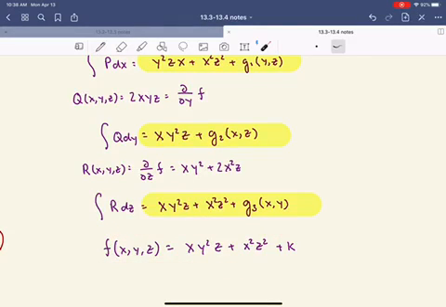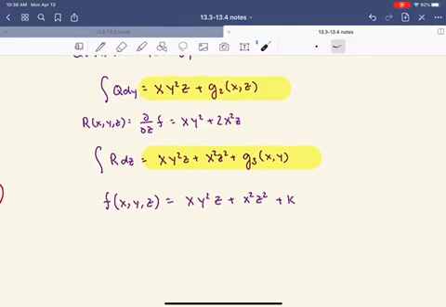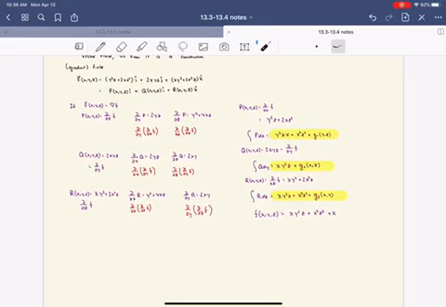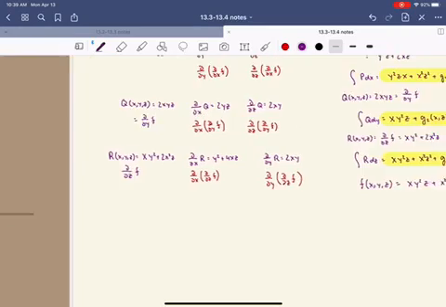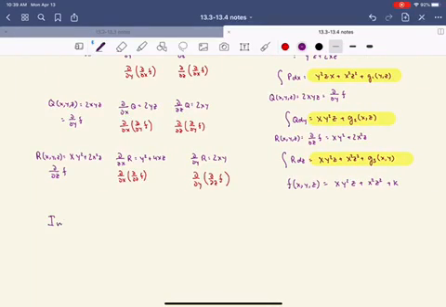Now, we could go even further, okay? We could integrate this vector field along the curve.